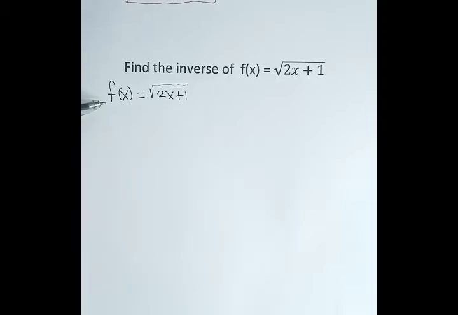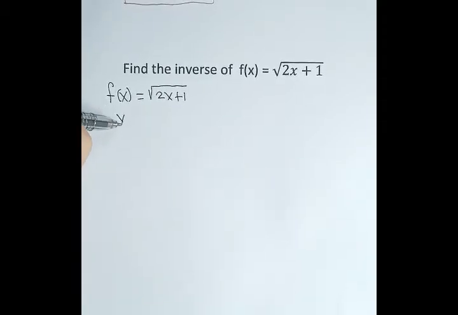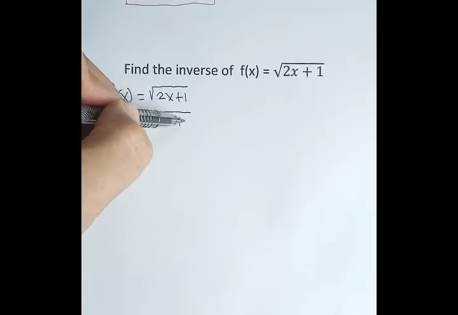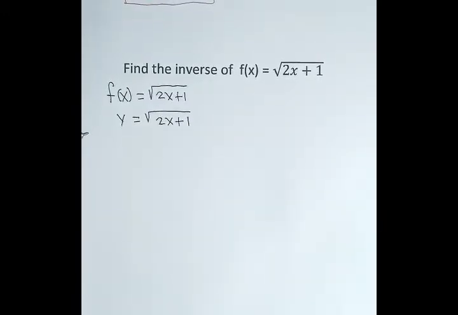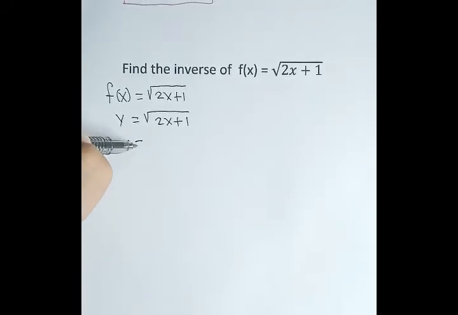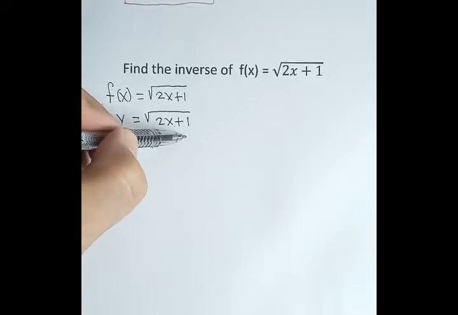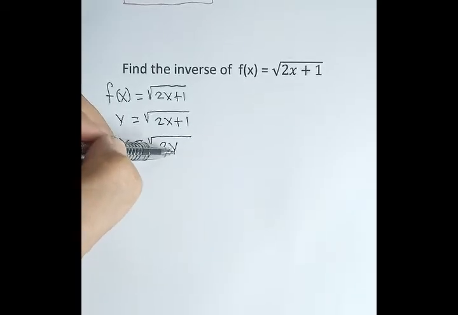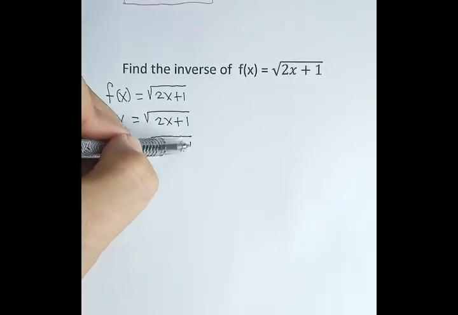Then we replace it with the variable y. y equals the square root of 2x plus 1. And then we swap the variable y and the variable x. So it becomes x equals the square root of 2y plus 1.